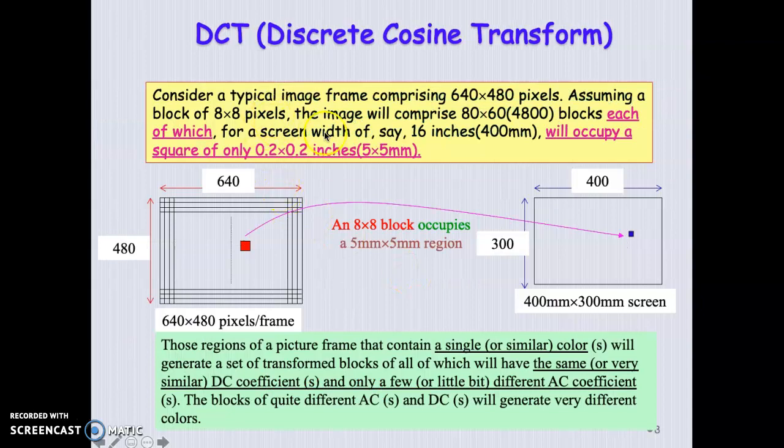Consider a typical image comprising 640 times 480. Assuming a block of 8 times 8 pixels, the image will comprise around 4,800 blocks. For a screen width of say 16 inches, each block will occupy a square of 0.2 times 0.2 inches.